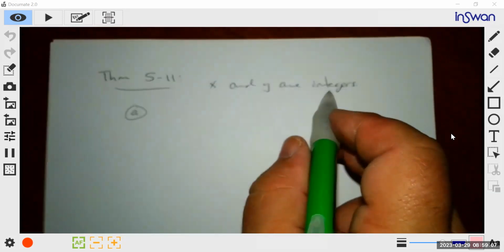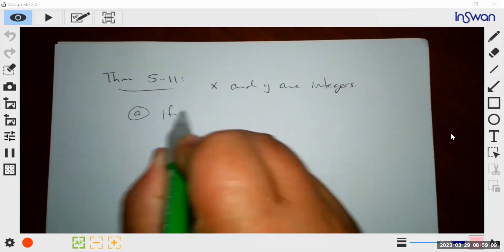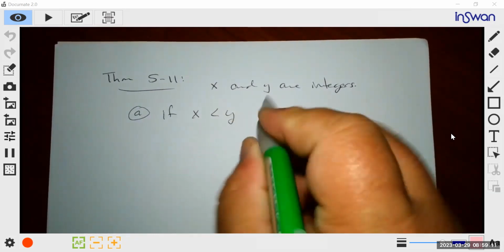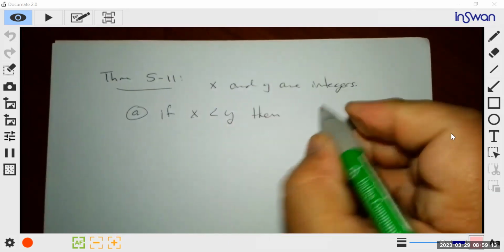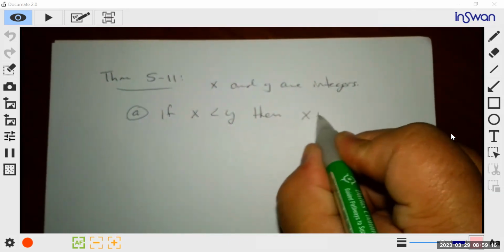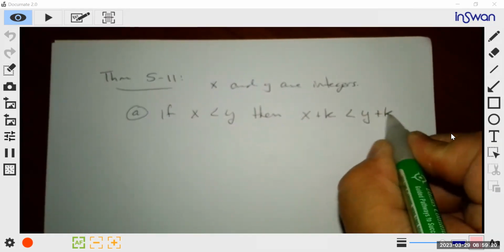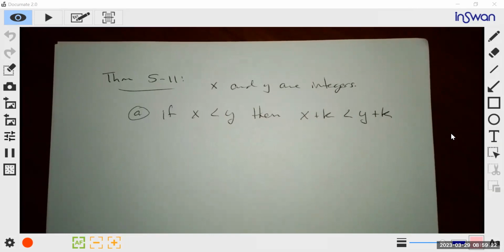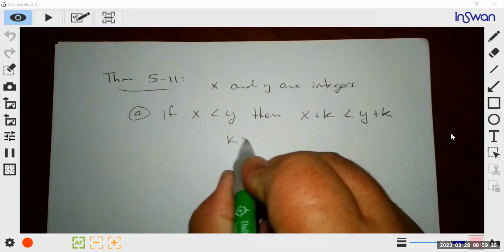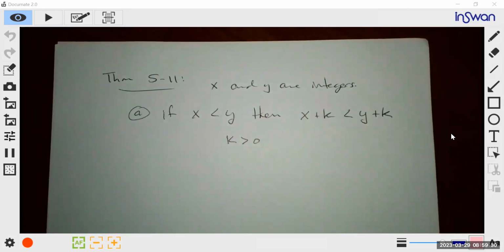If x and y are integers and x is less than y, then x plus k is also less than y plus k, for any integer k.